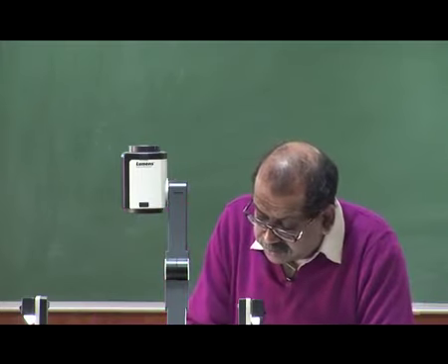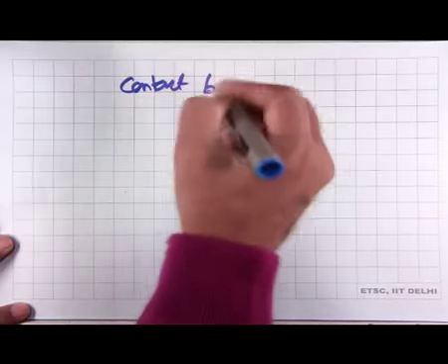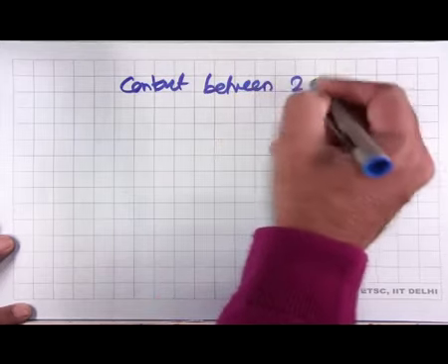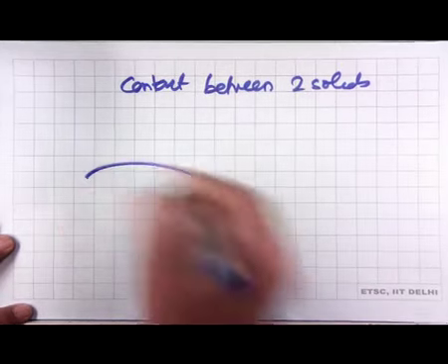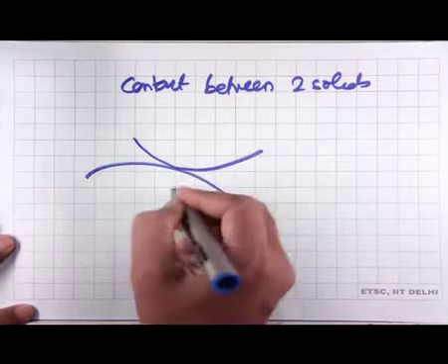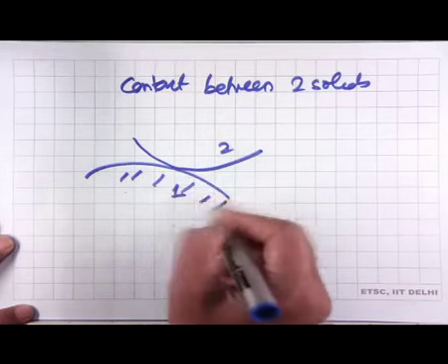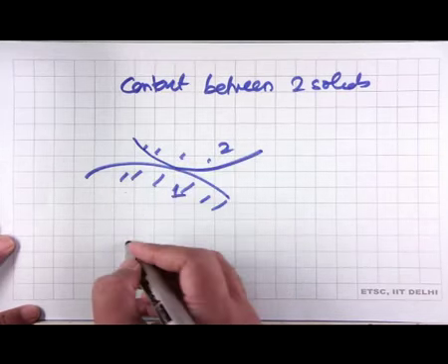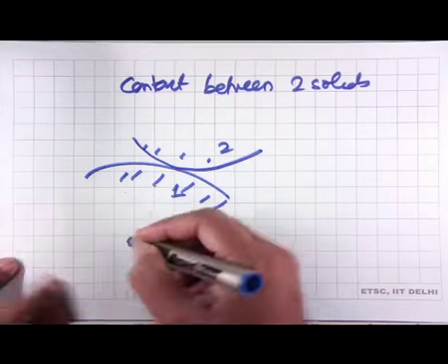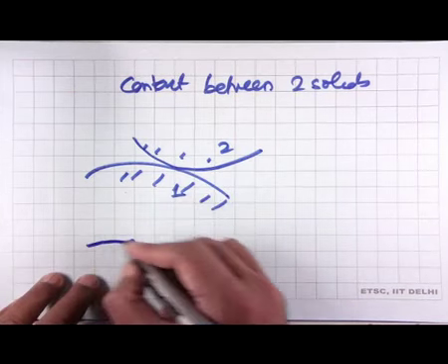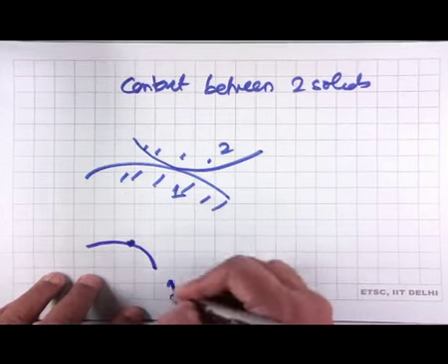When the contact is between two solids, so there is body 1 in touch with body 2, let us say I am drawing the free body diagram of body 1.